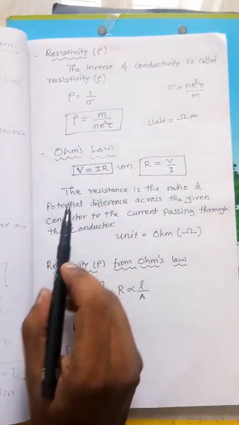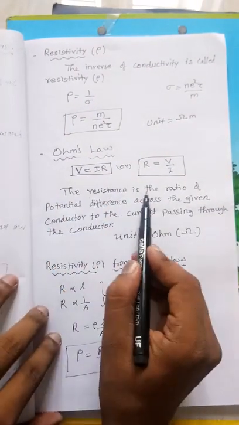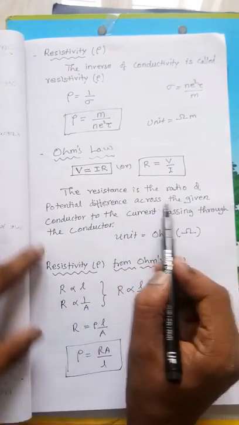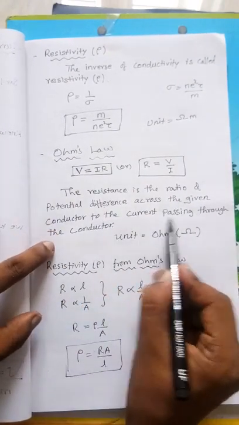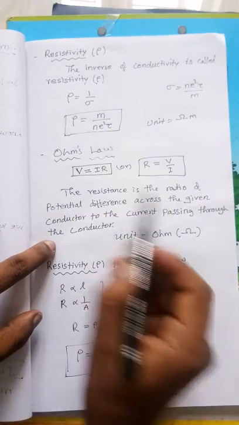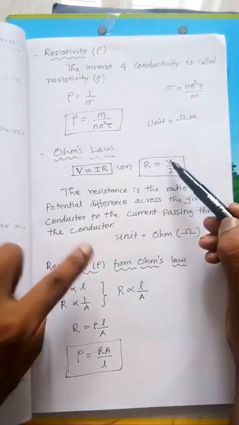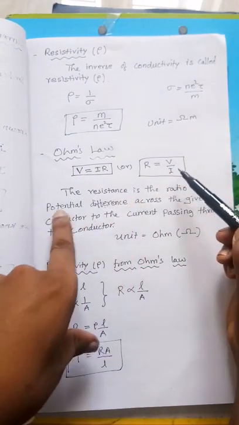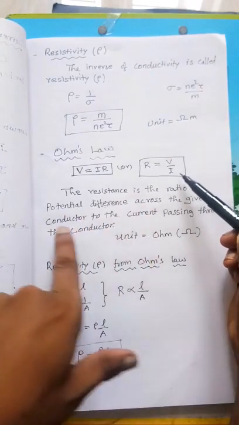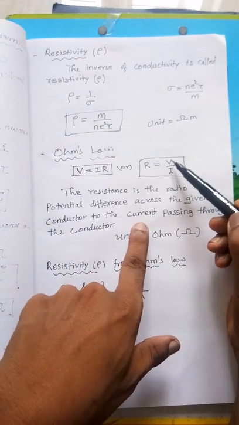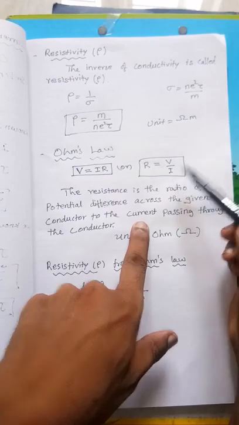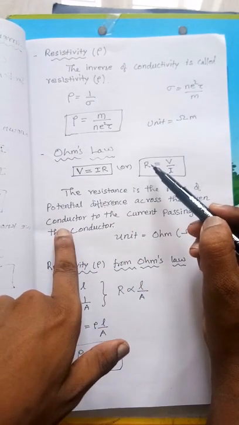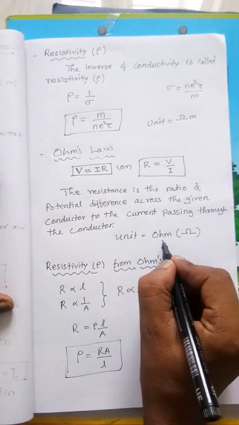Ohm's law, very, very important: V is equal to IR. The resistance is the ratio of the potential difference across the given conductor to the current passing through the conductor. The ratio of potential and current is the resistance of the conductor. The unit is ohm.